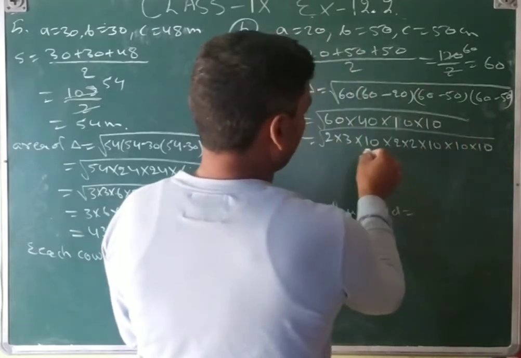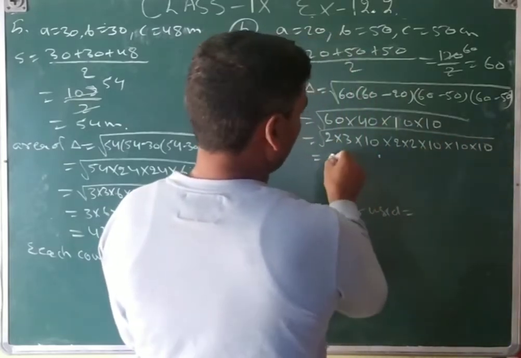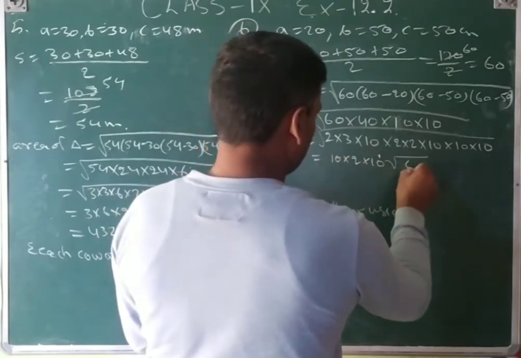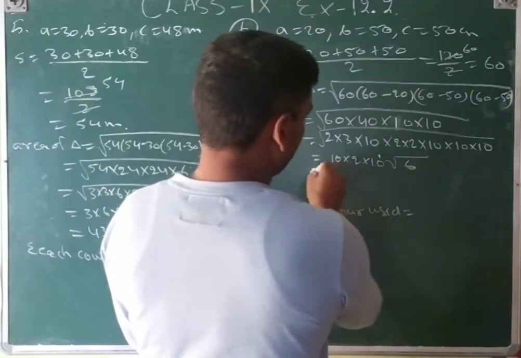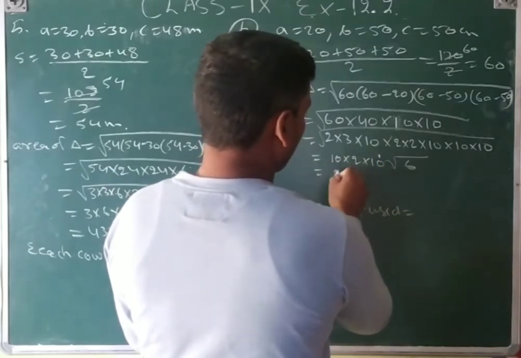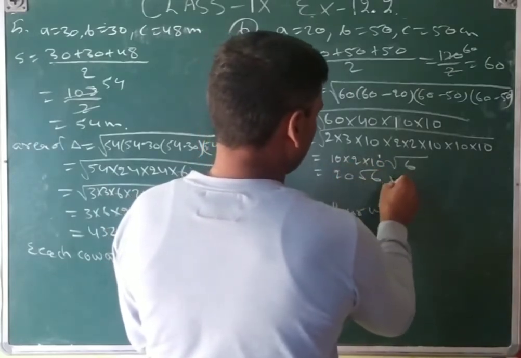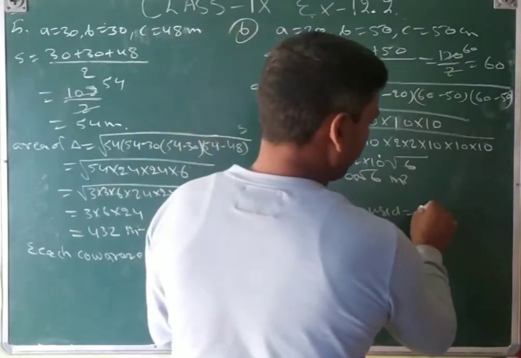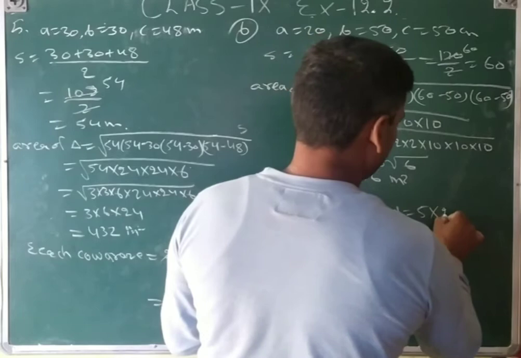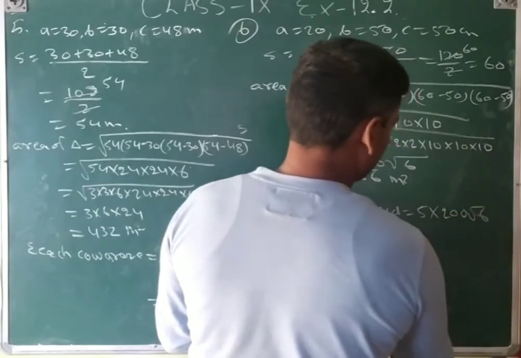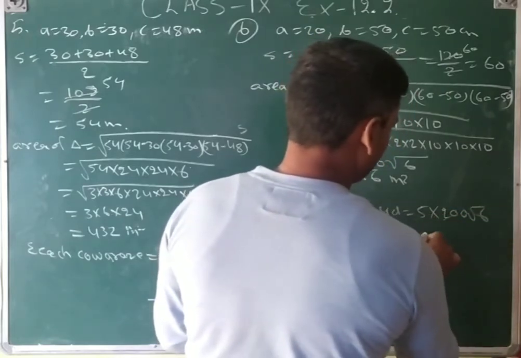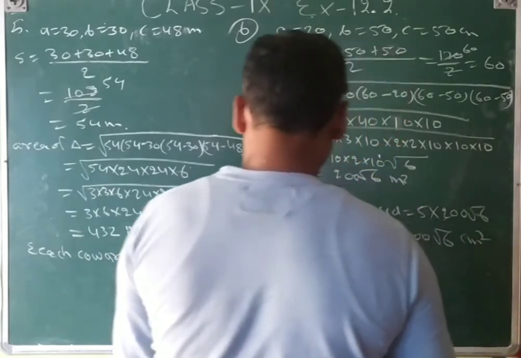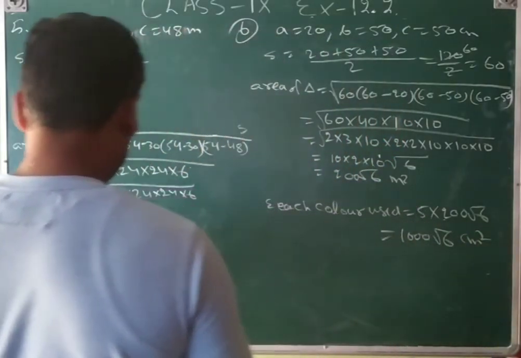So 10 into 2 into 10 come outside, under root 6. So 200 under root 6 centimeter square. Each color uses 5 triangles, so 5 2 is 10, 1000 under root 6 centimeter square cloth used for each color.